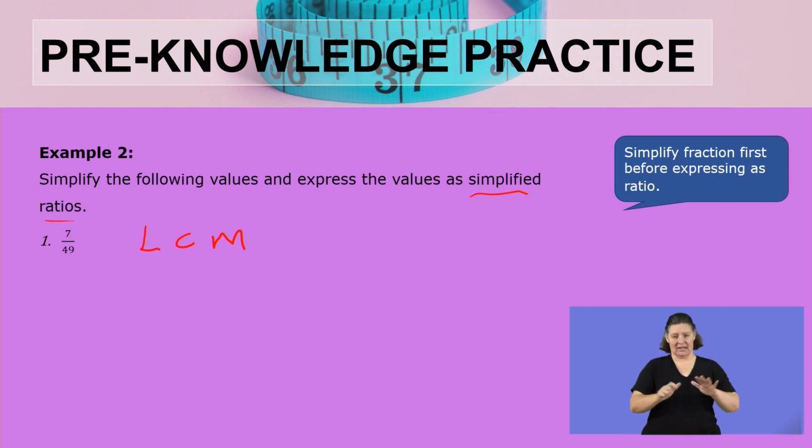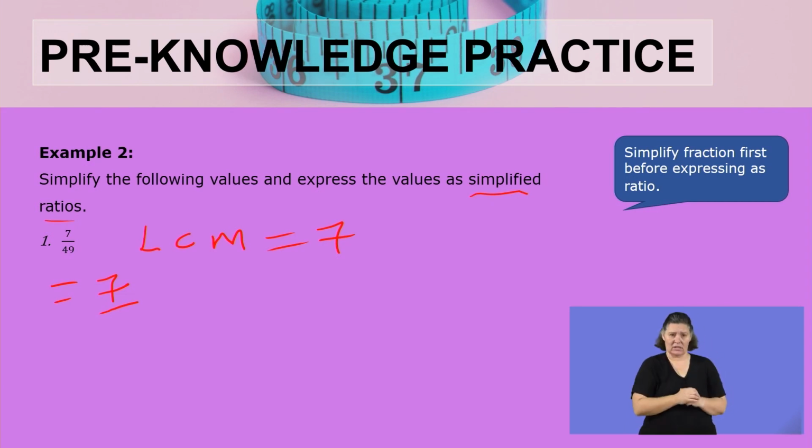So let's continue. Let us simplify this. We are going to divide both sides by 7, both the numerator and the denominator, mainly because we've identified that 7 is the lowest common multiple. So 7 divided by 7, we are going to get 1. And when we divide 49 by 7, let us divide together.